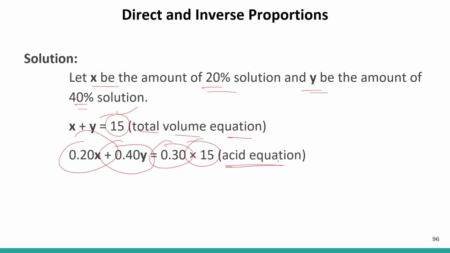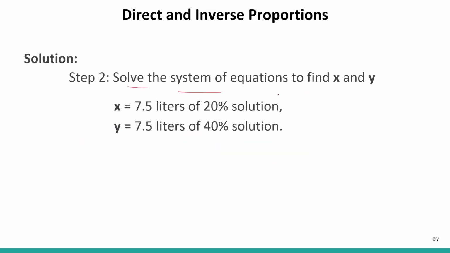That is the acid equation. Solve the system of equations to find x and y. So x is equal to 7.5 liters of 20% solution and y is equal to 7.5 liters of 40% solution. Adding up these two, we are left with 15 liters of solution, with 30% acid concentration.